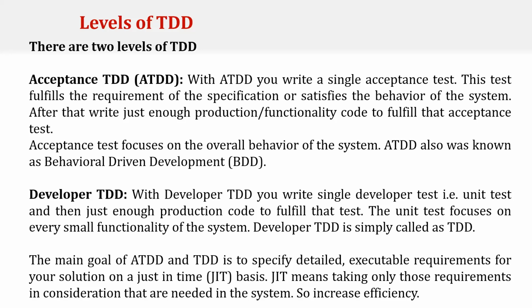So the main goal of ATDD and TDD is to execute the requirements: refactoring the code without writing new code or a new procedure for it, and it should satisfy the requirement specifications.